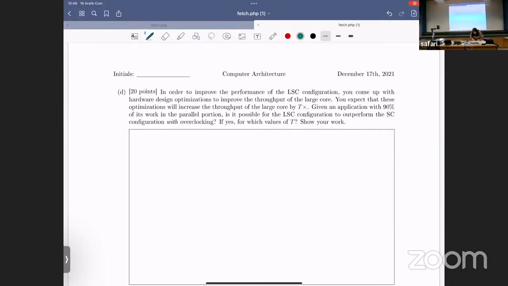So we want the speedup for SC with overclocking to be smaller than the speedup of the LSC configuration, right? Then that means we would have one. So here we have 1/10. 1/10 of it is 2 times here, divided by 8, correct?